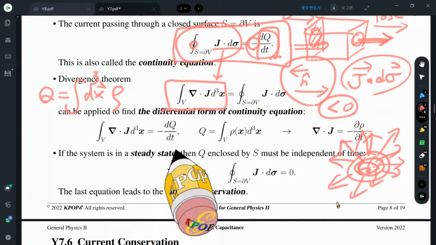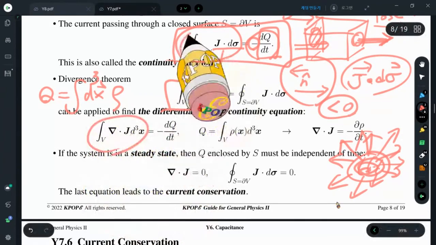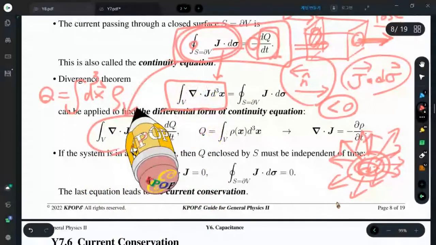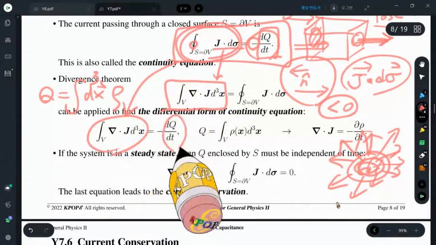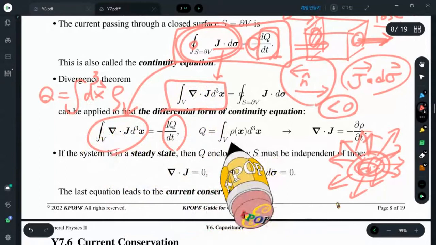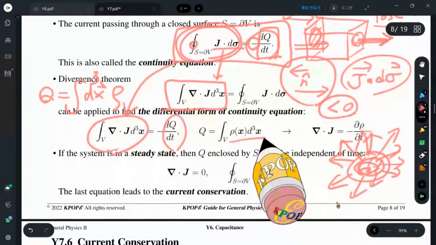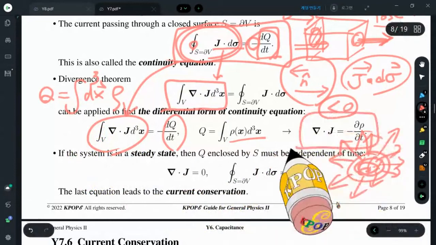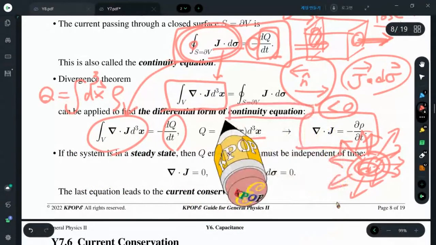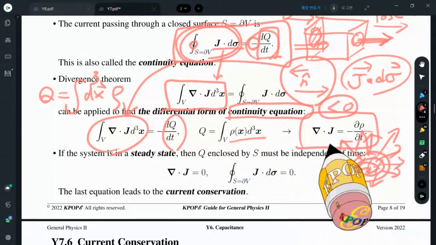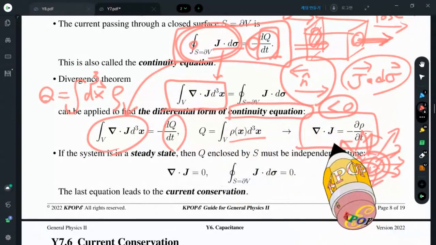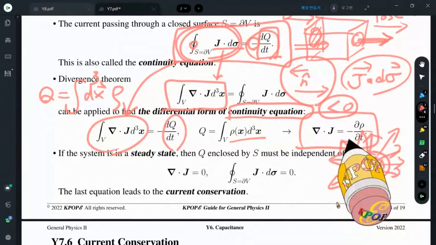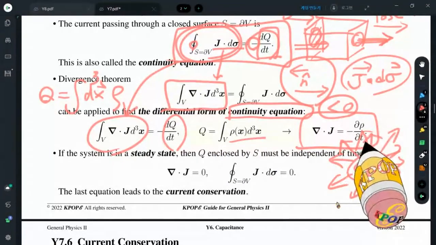Therefore, if we equate these, the left-hand side is replaced with the volume integral, and the right-hand side is also replaced with a volume integral, then you will get a differential equation that is called the differential form of the continuity equation. Divergence J must be the same as the negative of the partial time derivative of charge density.